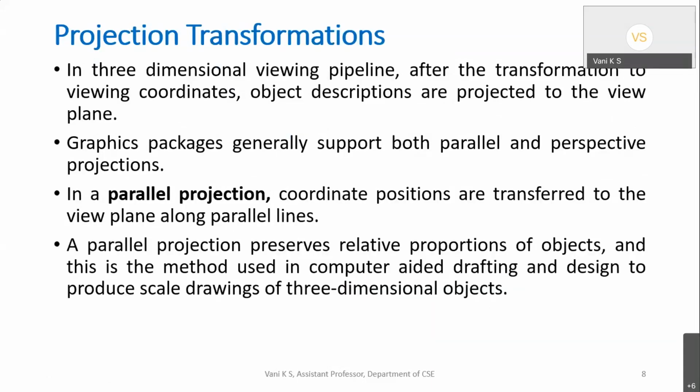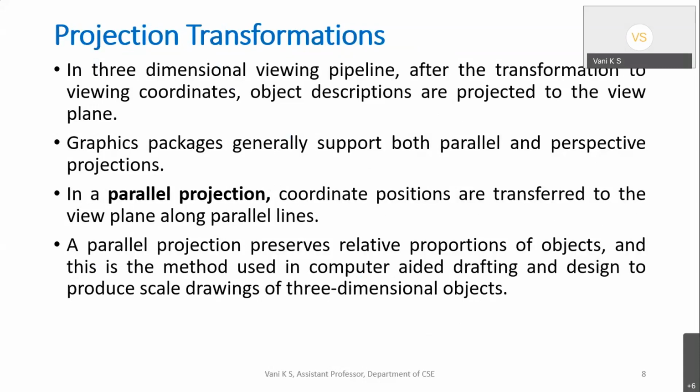Now, with all these things, we'll go to the transformations, projection transformations. What do you mean by a projection? Because in 3D, we don't have any devices to display a 3D object. Suppose I have a ball, a sphere, or maybe some cone-shaped object, a pyramid object, which are all 3D, I cannot display those types of 3D objects on my 2D output devices.